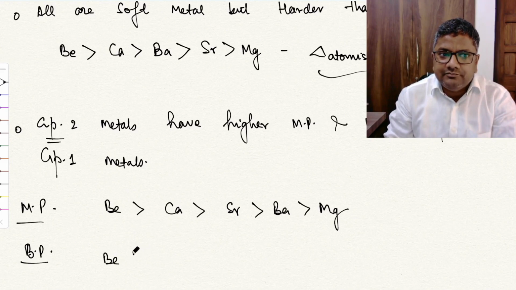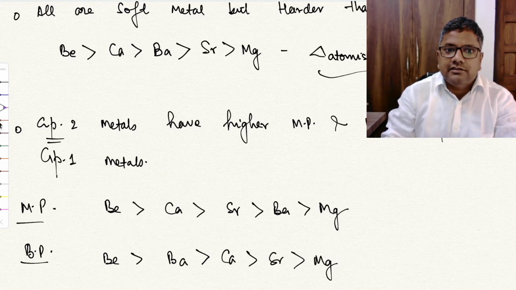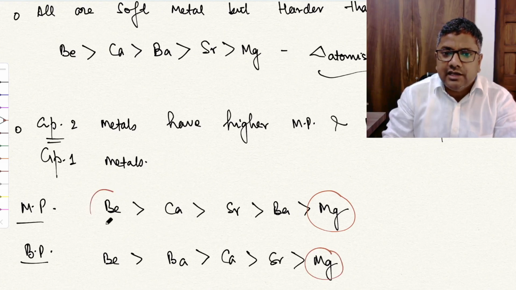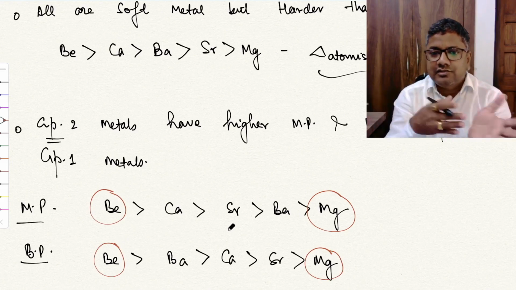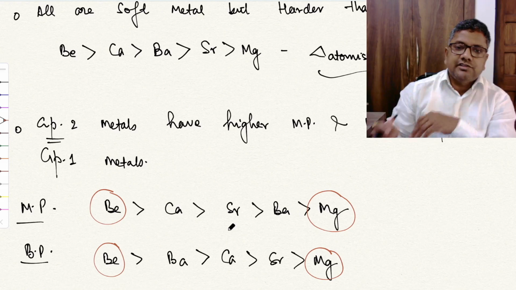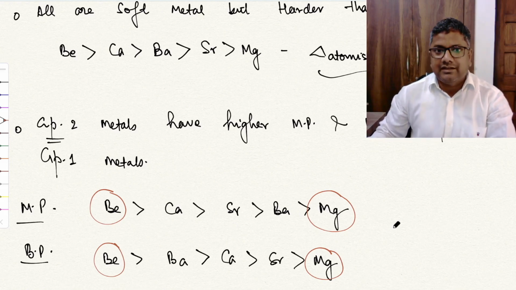So beryllium, then barium, then calcium, strontium, and magnesium. So you can see that these two are fixed, means magnesium is the lowest and beryllium is the highest, and calcium, strontium, barium were changing, right? So this is the melting point and boiling point of this group of metals.